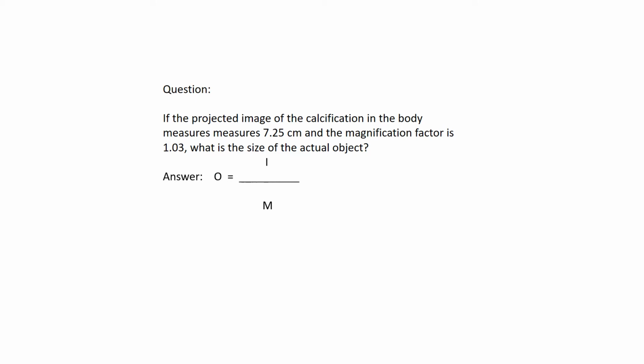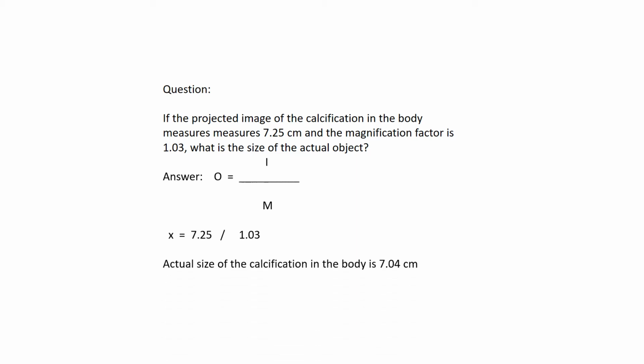We can say O equals now I over M. So if I take 7.25 and I divide it by 1.03, so I'm taking the image size over the magnification factor.